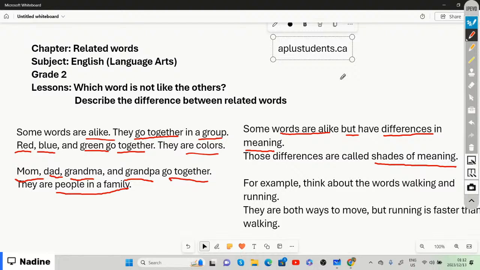Once we group them, we can group them according to colors, people in a family, or basically anything. And then we have some words that are alike, but they have differences in meaning. And those words that have differences in meaning, we call them shades of meaning.